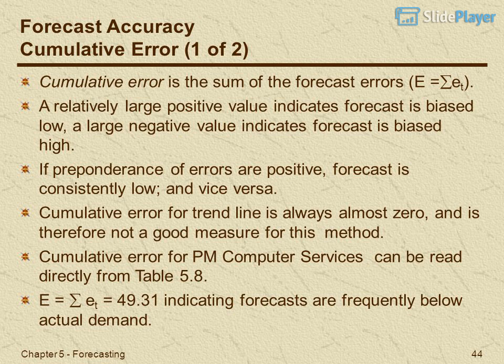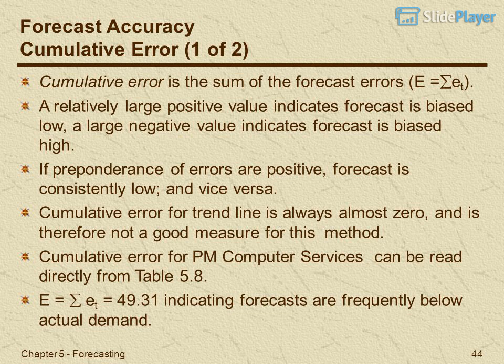If a preponderance of errors are positive, the forecast is consistently low, and vice versa. Cumulative error for a trend line is almost always zero, and is therefore not a good measure for this method. Cumulative error for Prime Minister Computer Services can be read directly from Table 5.8. E equals 49.31, indicating forecasts are frequently below actual demand.